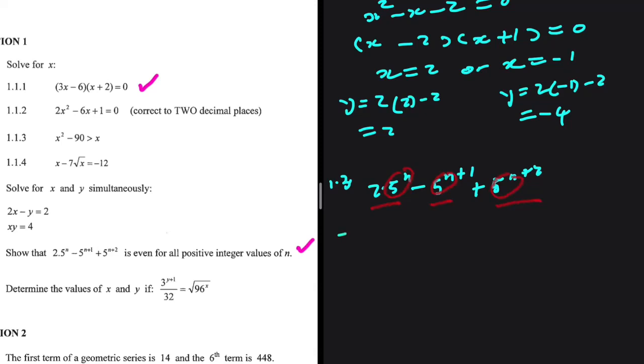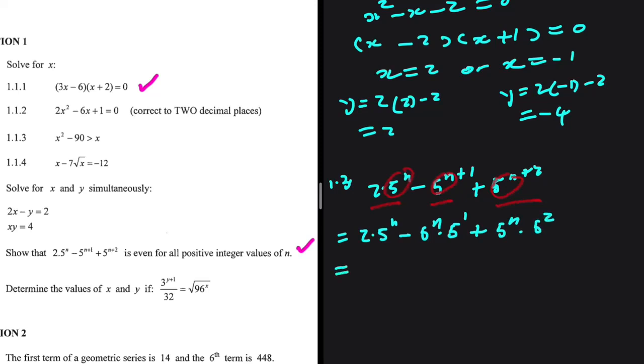This will be equal to 2 multiplied by 5 to the n, minus 5 to the n plus 1. 5 to the n plus 1 is just 5 to the n multiplied by 5 to the 1, because if you multiply these two numbers, you add the exponents and you get 5 to the n plus 1. Let's do the same for the last term. This will be 5 to the n multiplied by 5 to the power 2.